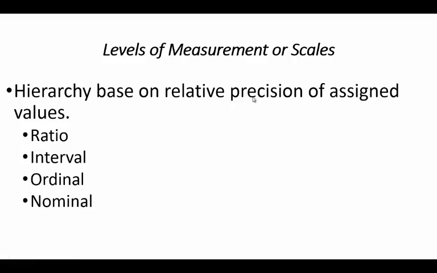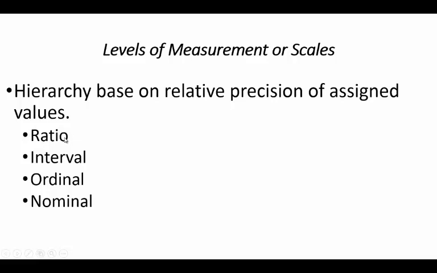So in terms of level of measurements or scales, we have 4 levels that cover all variables. We have a nominal scale, ordinal scale, interval scale, and ratio scale. And because we have hierarchy, they go in terms of precision.